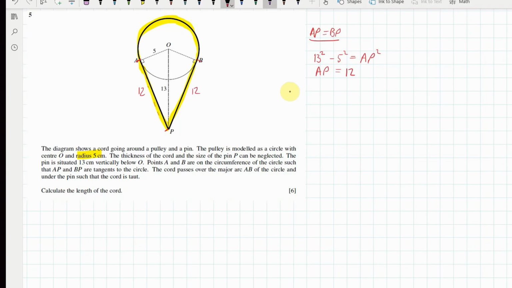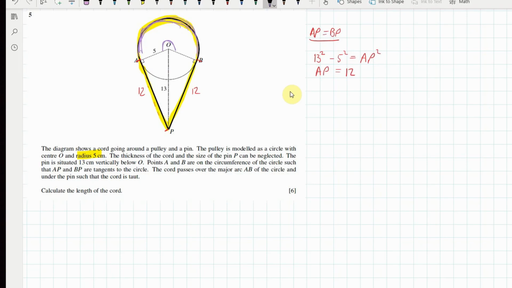Now, the next thing that we need to do is find this purple bit here that I'm terribly shading around there, right? That bit there, like the ice cream bit. Okay. Well, to do that, we need to know what this angle here is, right? Because that angle there, we can then use our arc length formula, or r theta.